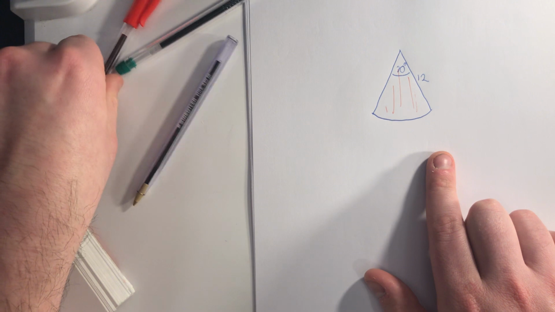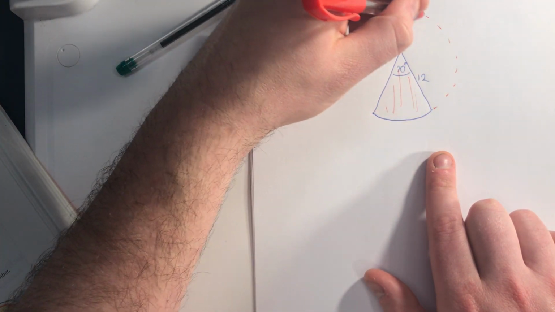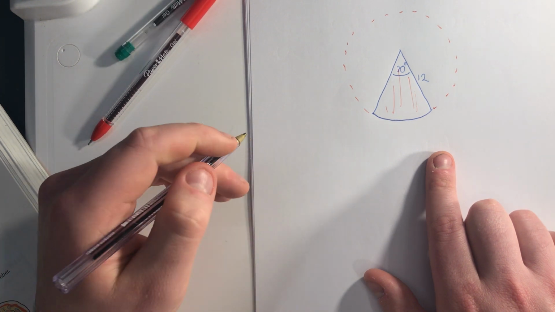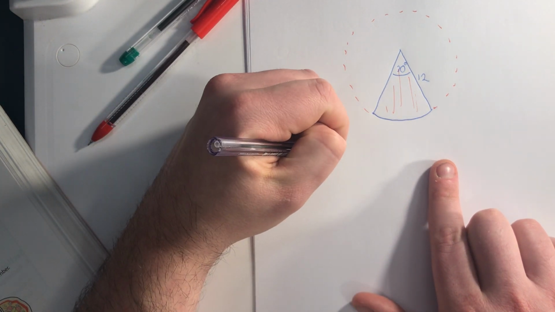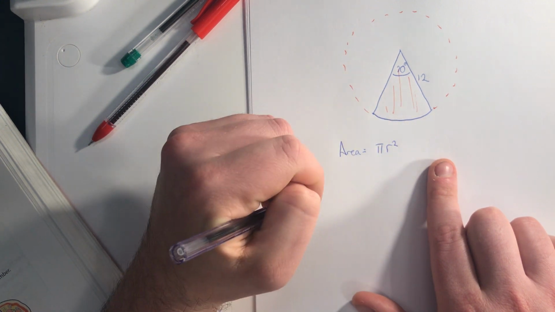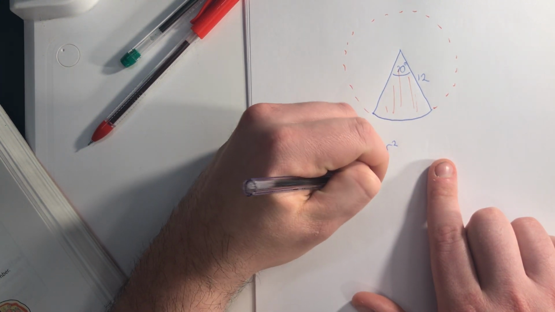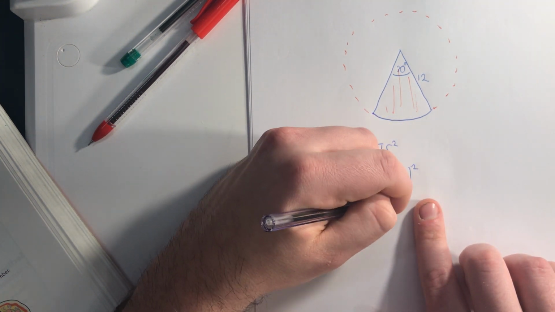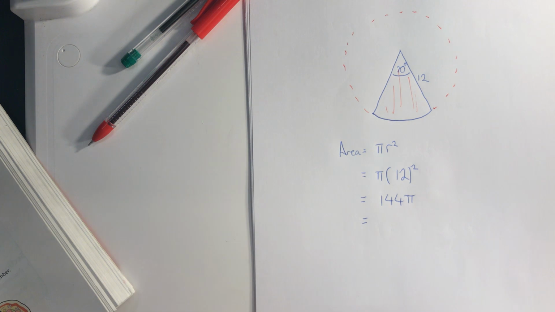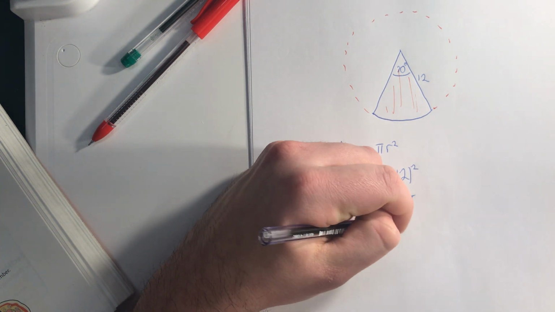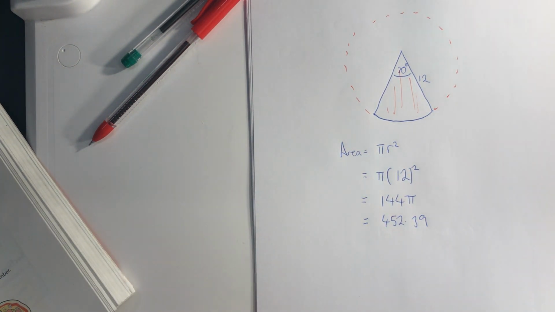So the area of the full shape, what's our formula for the area of a full circle? Very good. So area is equal to pi r squared. So our area is pi by 12 squared, which is equal to 144 pi, which is equal to 452.39, let's say.